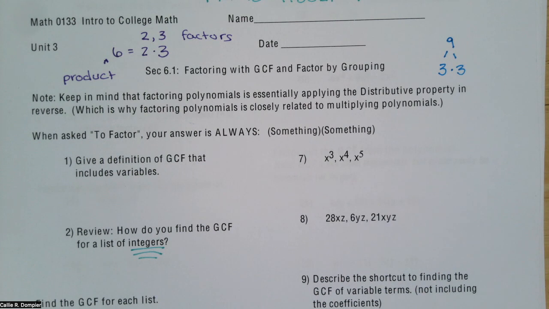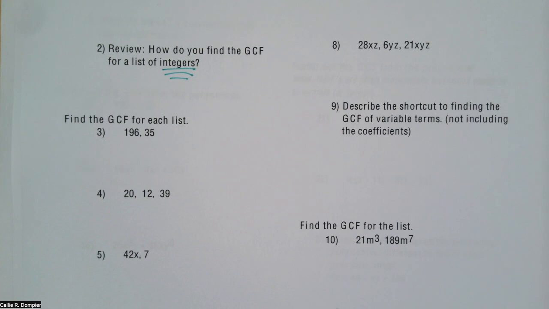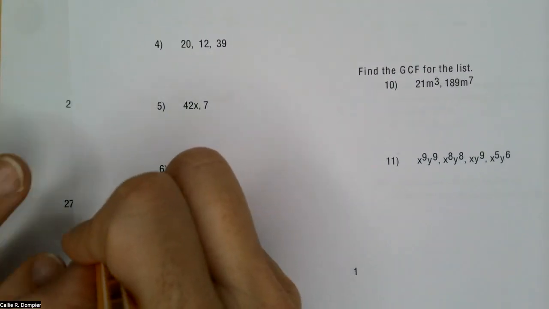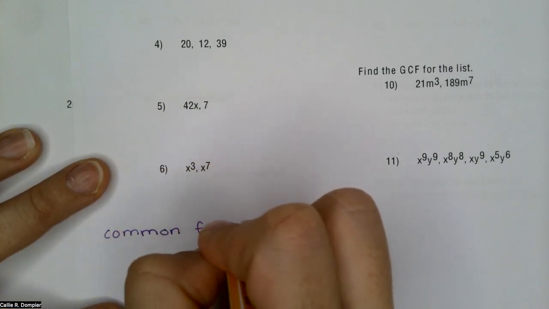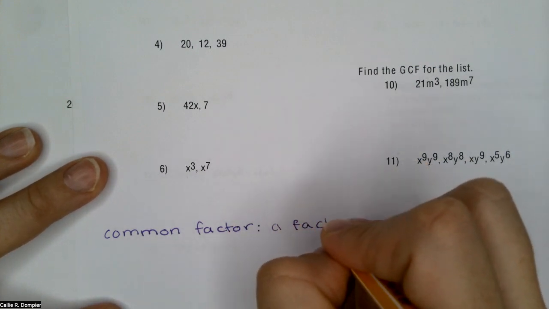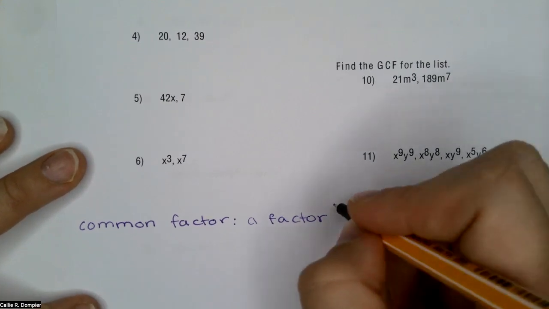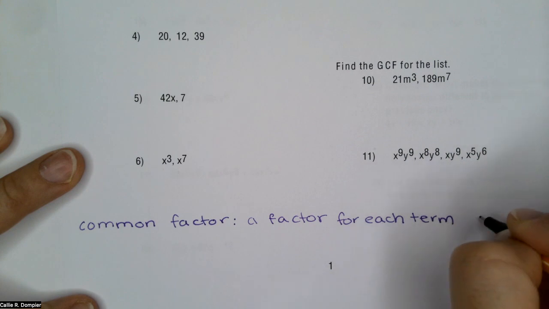So when an integer, a number, is a factor for every term in the group, that is a common factor, okay? So common factor: a factor for each term in a group.